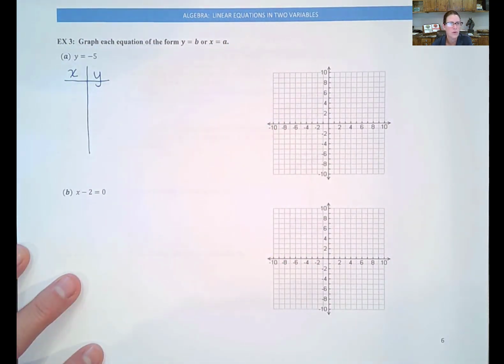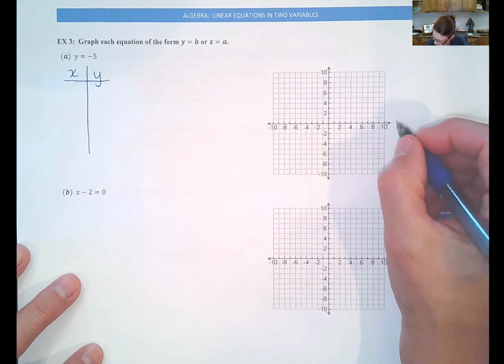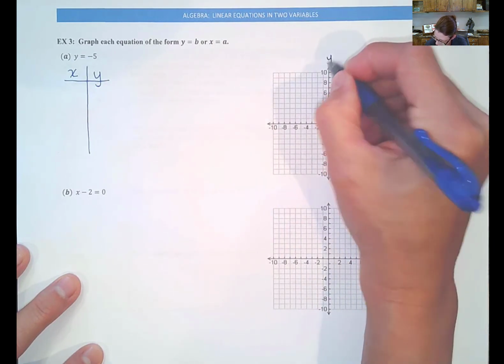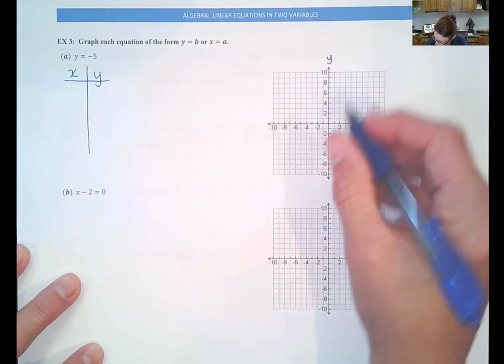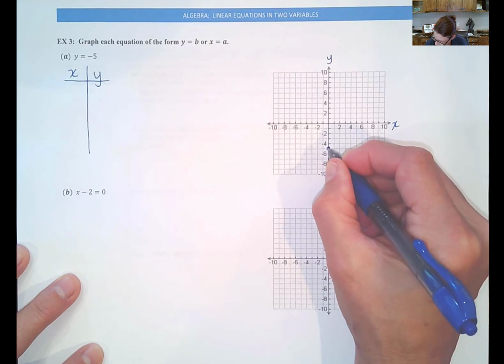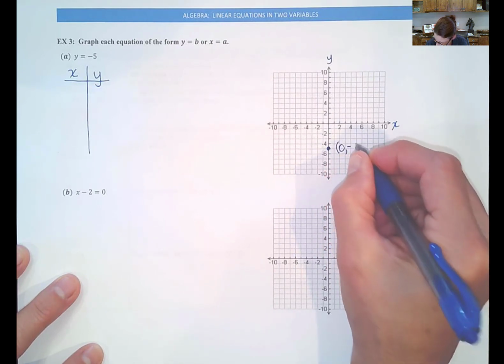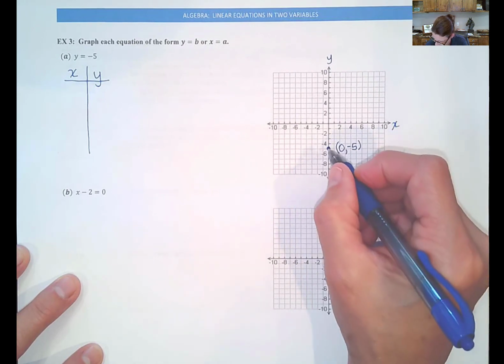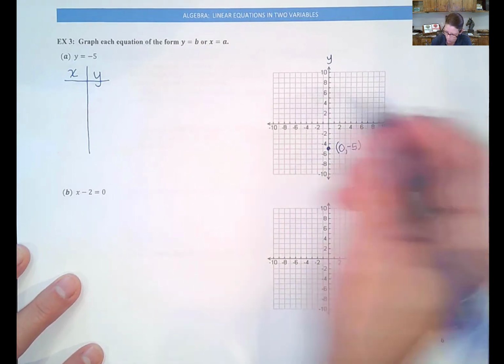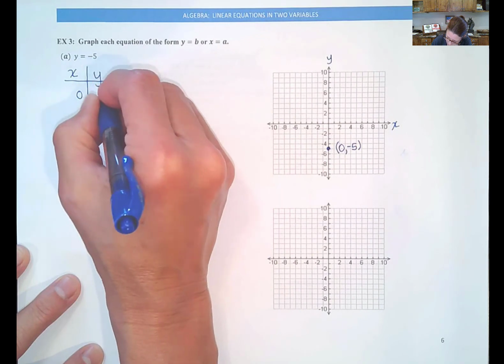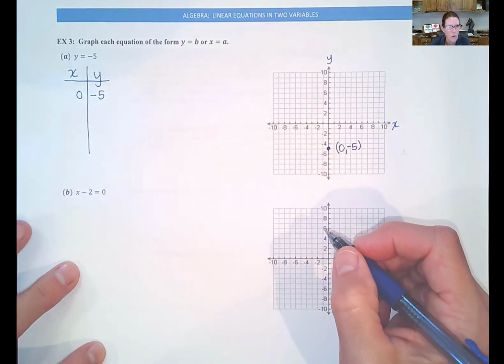We're going to find all points that have a y value of -5. For example, find -5 on the y-axis: x equals 0, y equals -5, and plot that point. So there's one solution, a point with a y value of -5.